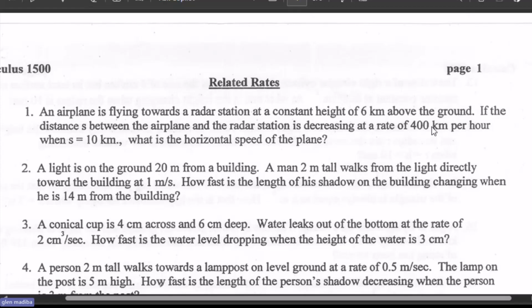Do we agree? Yes, sir. That's why I'm saying, can you and I agree that ds over dt equals minus 400 kilometers per hour? Yes, sir.